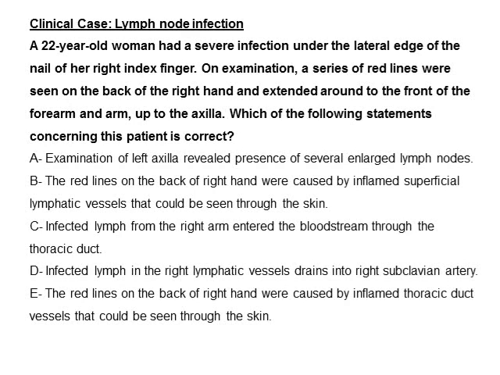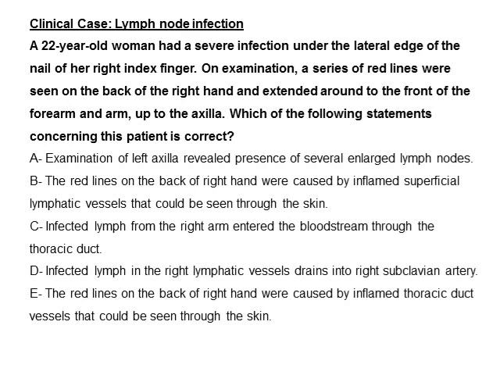And pay attention to what I'm saying: right index finger. On examination, a series of red lines were seen on the back of the right hand and extended around to the front of the forearm and arm up to the axilla. Which of the following statements concerning this patient is correct? So this is a case of lymph node infection.